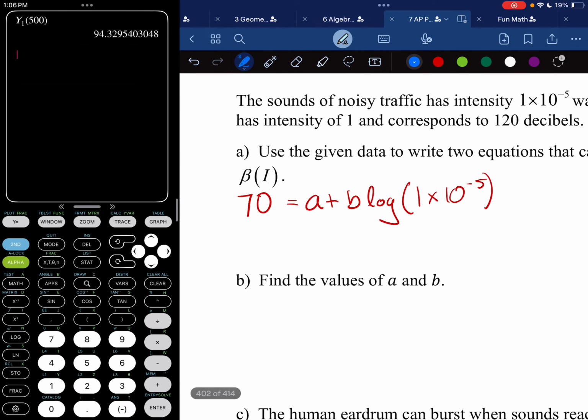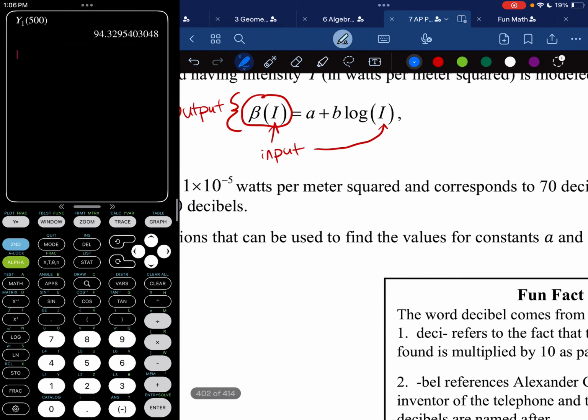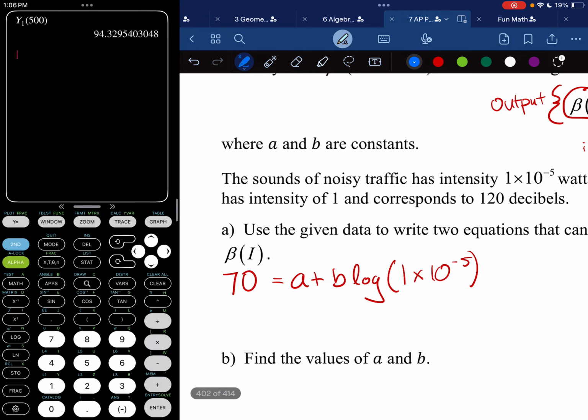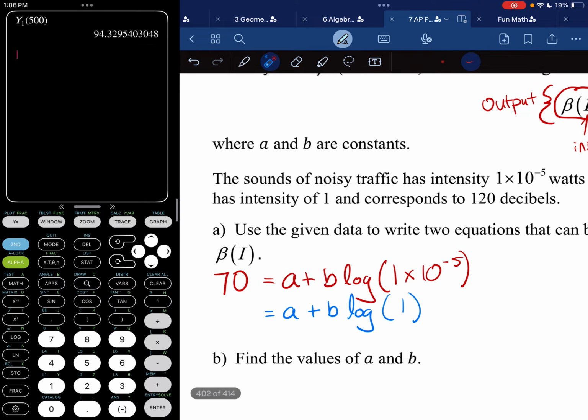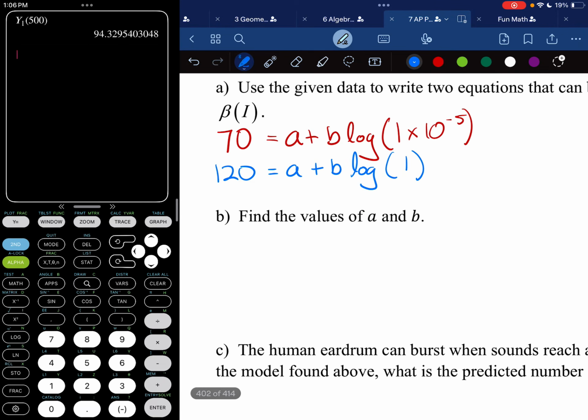And then our second equation, might as well color code, a different color, blue. We input just 1. So this is equal to A plus B log base 10 of 1. And what's the number of decibels? Oh, it's right there, 120 decibels.